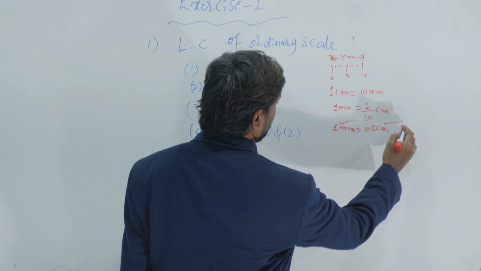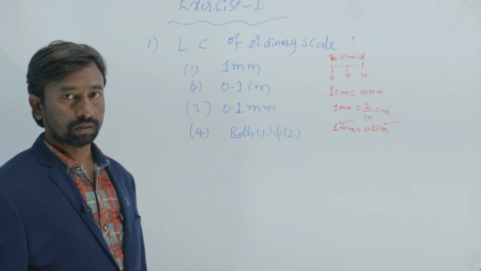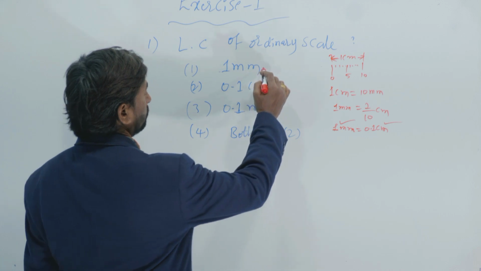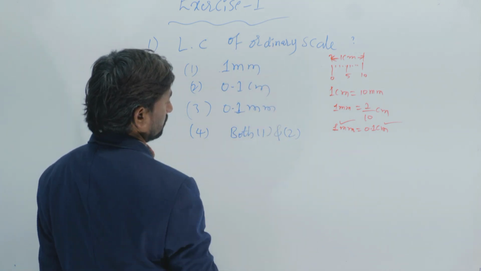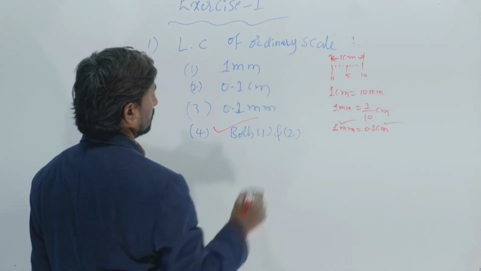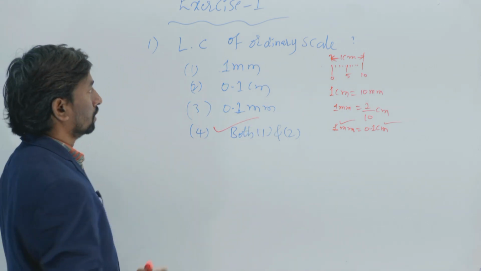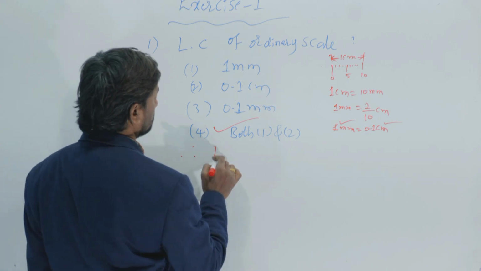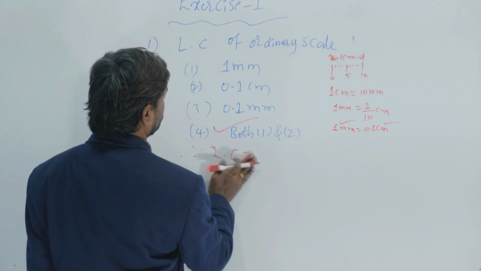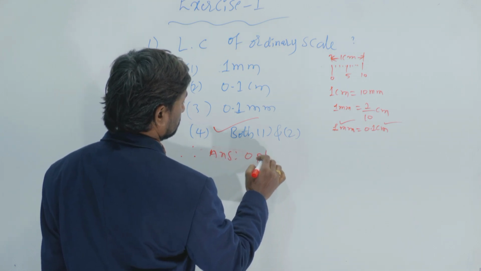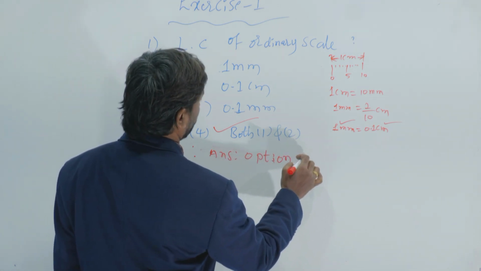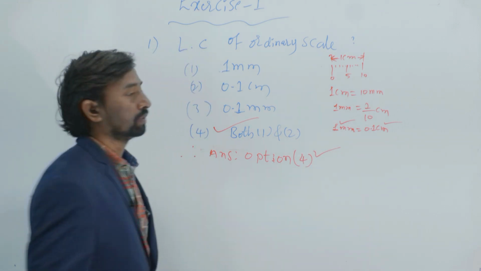So 1 millimeter or 0.1 centimeter is the least count. So we can write both 1 and 2. The correct option is option 4.